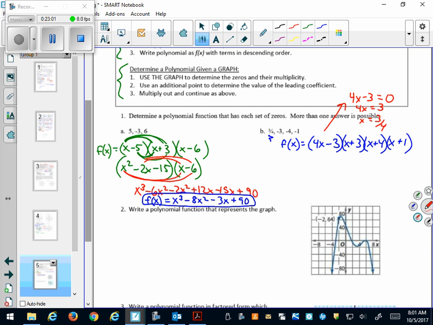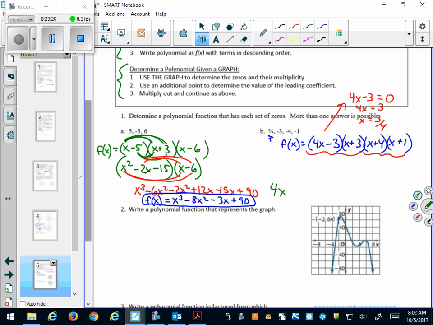So now we got to multiply it all out. Again, I would FOIL those two. I mean, that's the way I did it. I FOILed those two, and I FOILed those two, and then I multiplied. Okay? I'm not going to do all that out right here, right now, because that's old stuff that you should hopefully remember how to do.